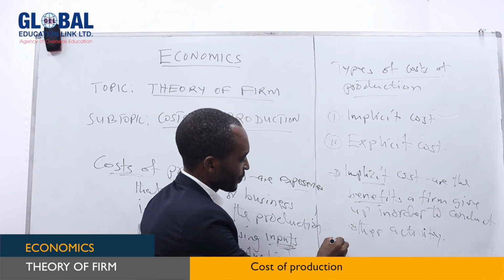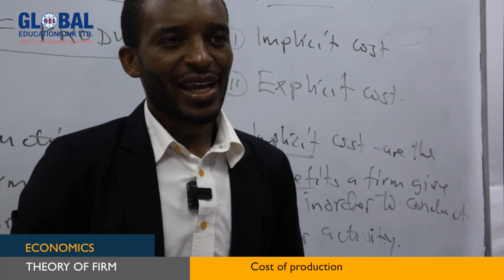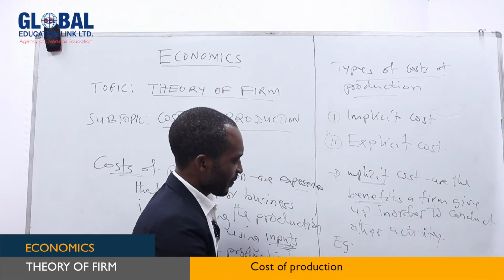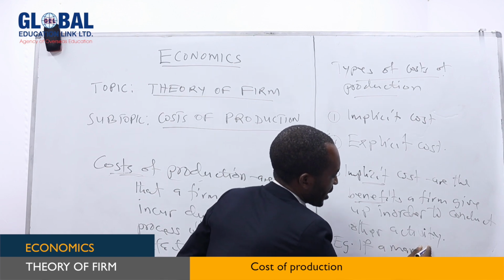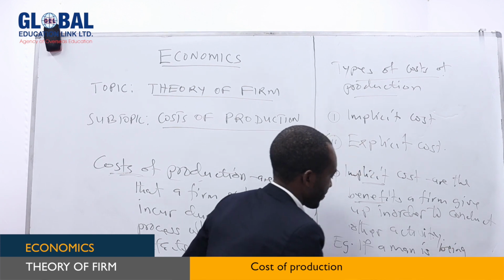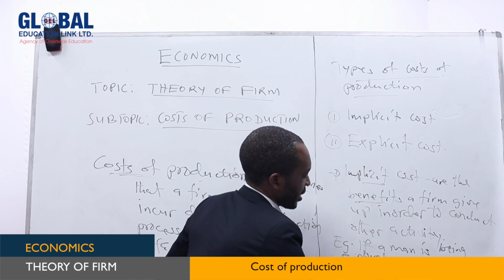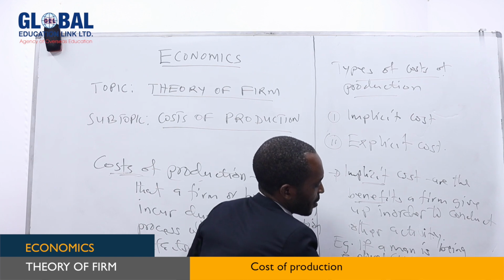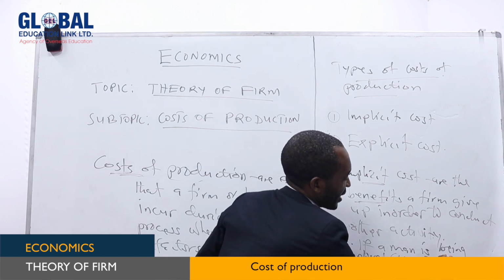And the example, let us assume a man can be either employed or decide to do his own activity. If a man is employed, he will earn a wage of 700,000.